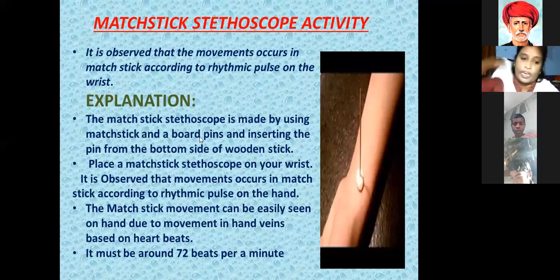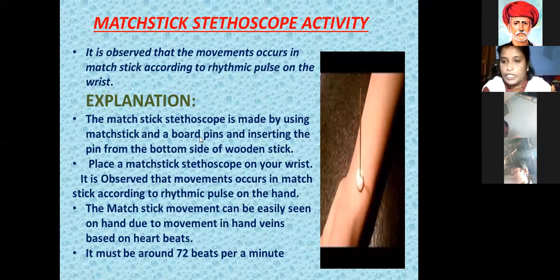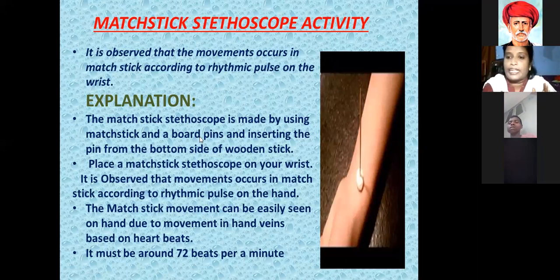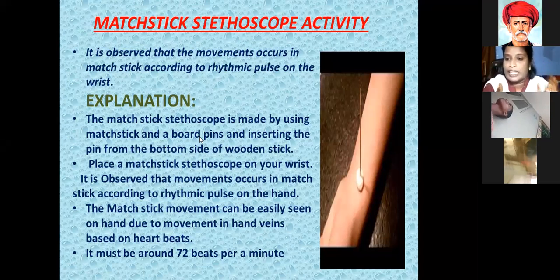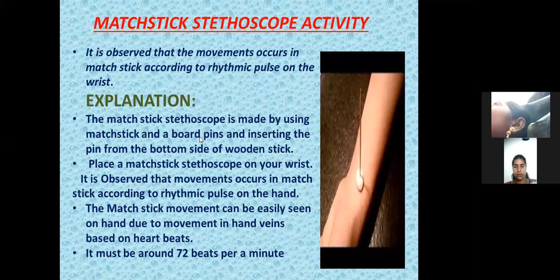We know it is around 72 beats per minute, as we learned in the previous class. Per minute, the heartbeat and pulse rate are approximately 70 to 90, just like we say 72 beats. This is what we identified through the matchstick stethoscope activity.